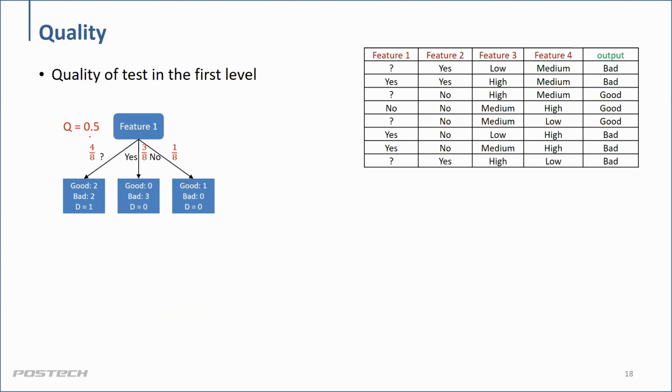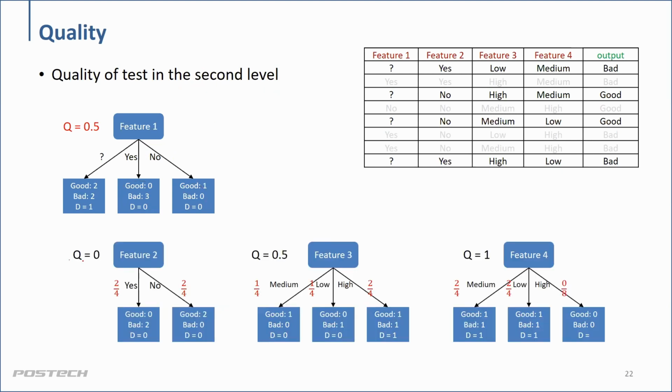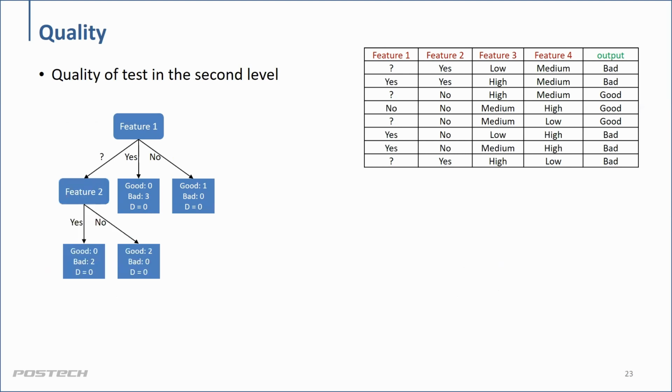And for the second one, this is the best. This means that there is no disorder. All of them are ordered, which means all of them can be classified.